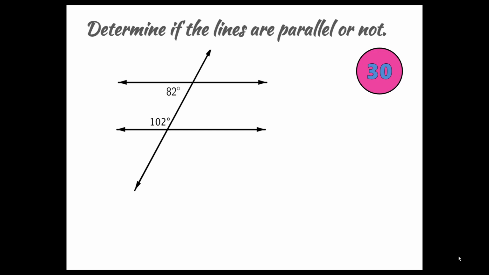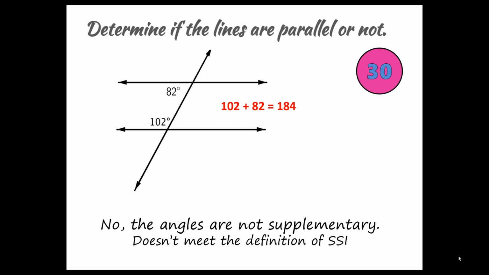All right, so in this example, they're on the same side, so we're looking at if it's going to be SSI or same side interior. When I add them together, they are not supplementary. They give me a sum of 184 degrees. So that means my lines are not parallel. They fail the definition of SSI.